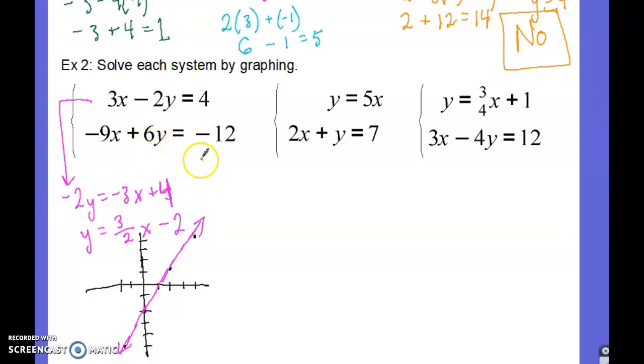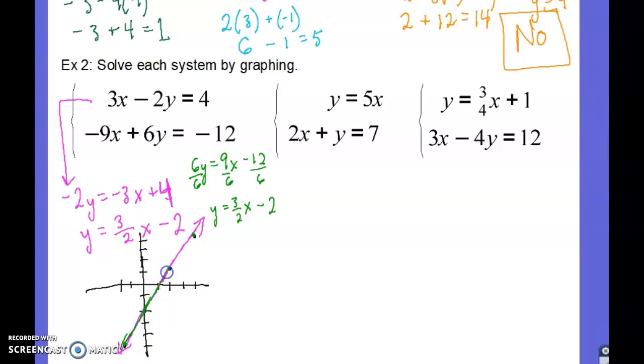Most people would look at that, add 9x to the right side, and then divide everything by 6. Now try to reduce when you can. As I reduce that, that's 3 halves, both divided by 3, minus 2. If I were to graph that, I would start down 2 again, and go up 3, right 2, up 3, right 2, and also backwards. What do you notice?